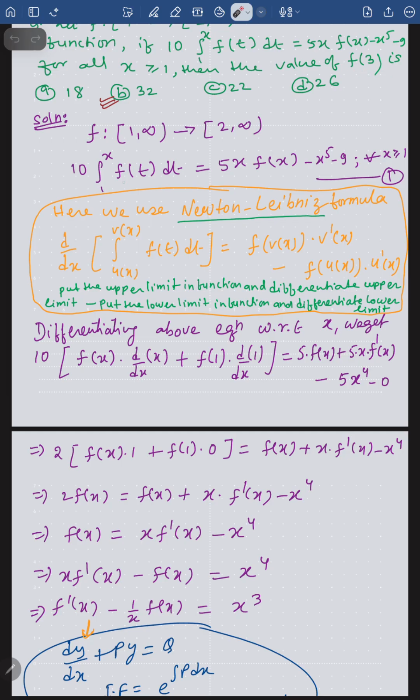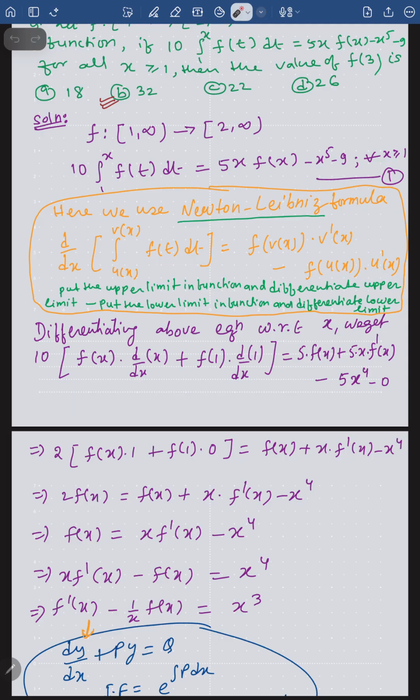Okay, so f(x) is there, but here if we integrate this, then only we get the function in the form of x. Otherwise we use the Newton-Leibniz formula, which says that the differentiation of the integral of f(t) dt from lower limit u(x) to upper limit v(x) will be equal to the function of v(x), means function of the upper limit, into differentiation of the upper limit, minus the function of u(x), that means the function of the lower limit, into differentiation of the lower limit.